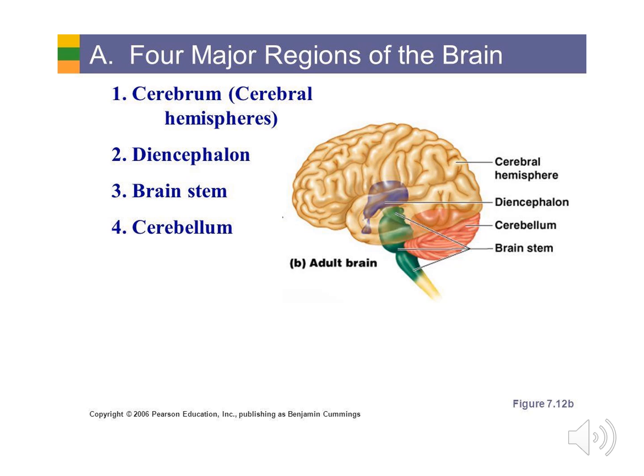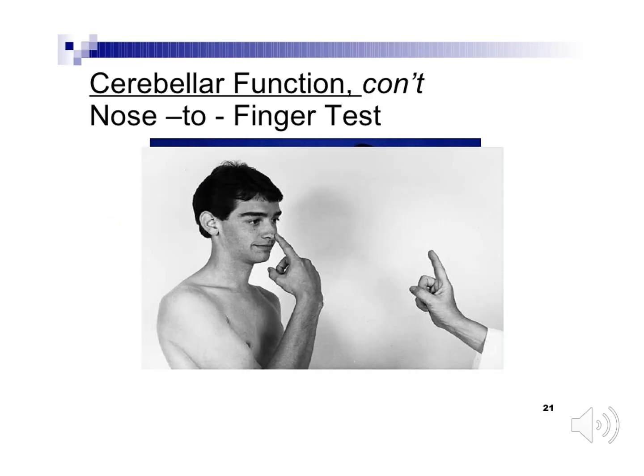For example, do you remember that test where you ask the patient to touch their nose and then to touch your finger and then to touch their nose again, and you keep moving your finger around to see if the person can keep touching your finger? That's a test to assess the accuracy of movement. If the patient can't keep touching your finger or overshoots its target or whatever, that indicates that there's cerebellar disease.